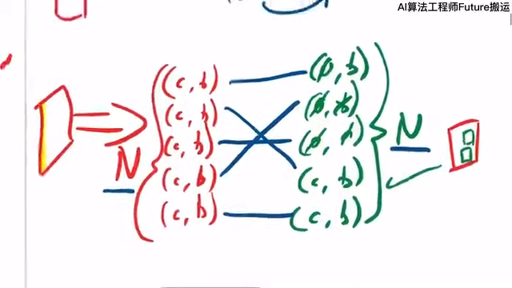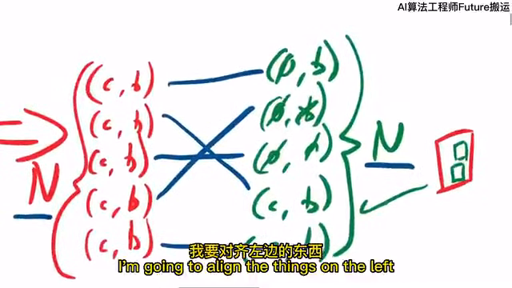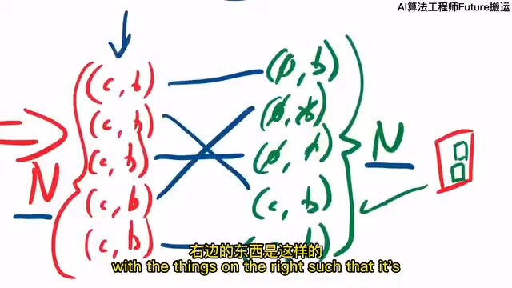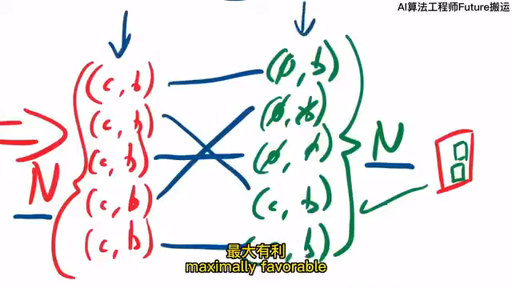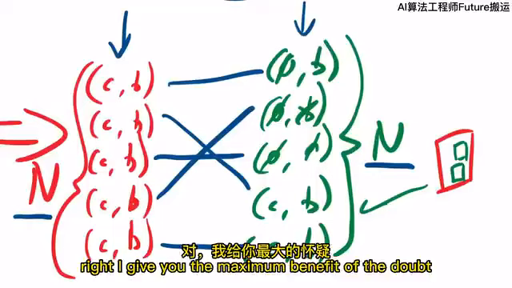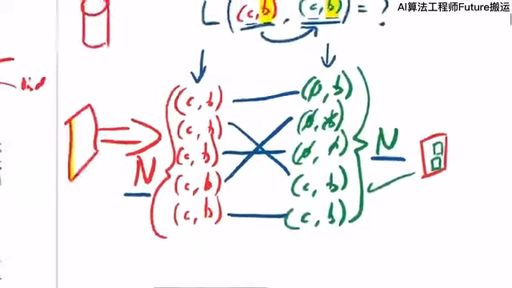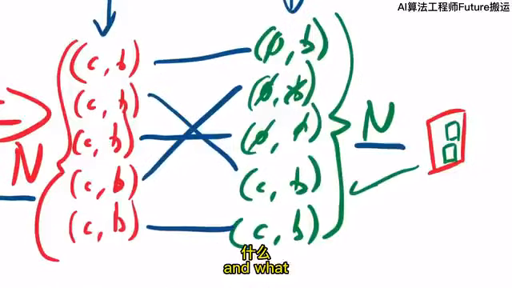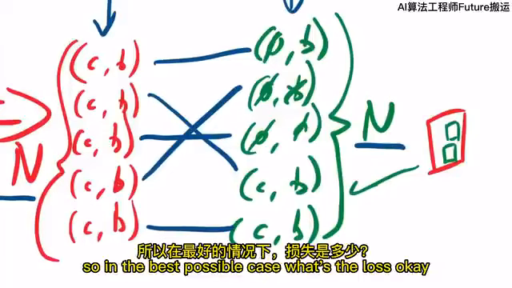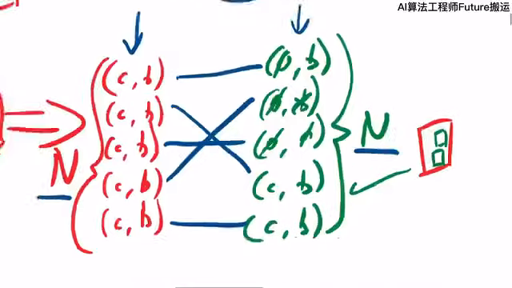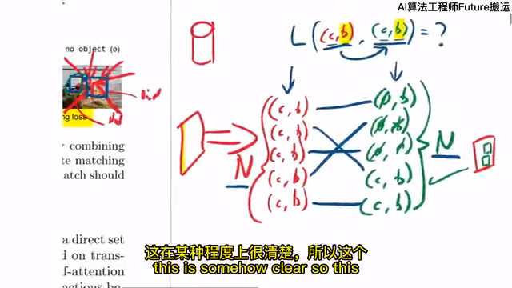So you're going to say, I'm going to align the things on the left with the things on the right, such that it's maximally favorable. I give you the maximum benefit of the doubt by aligning these things. And so in the best possible case, what's the loss? I hope this is somehow clear.